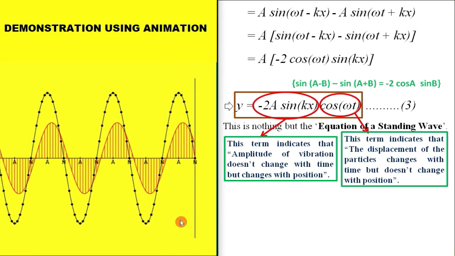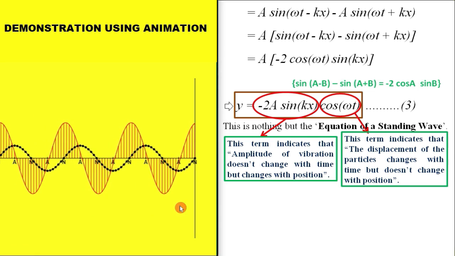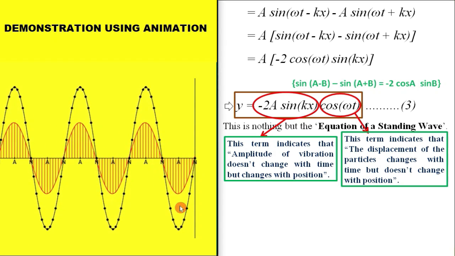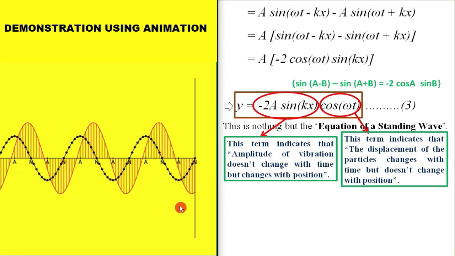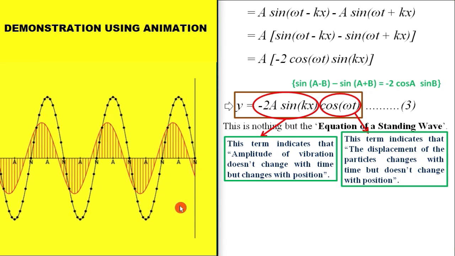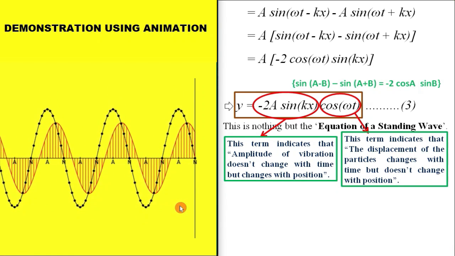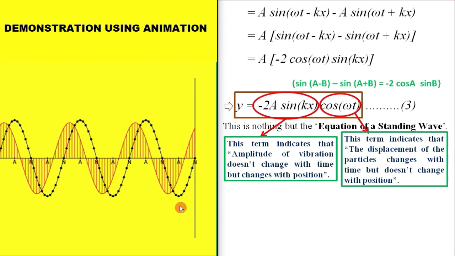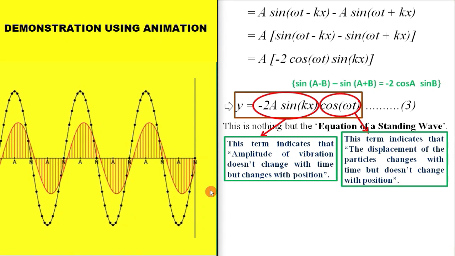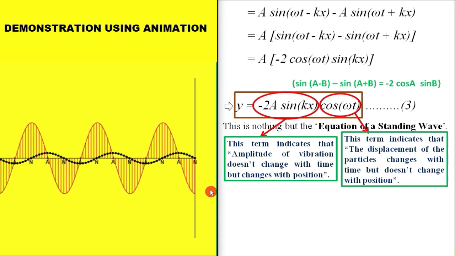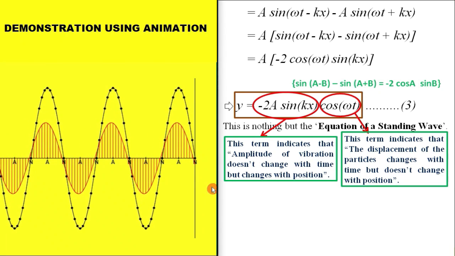It means each and every particle has a different amplitude, which was not happening in the case of an incident wave or a progressive wave. You can see that in a progressive wave, each and every particle has the same amplitude, maybe at a different time, but they have the same amplitude.